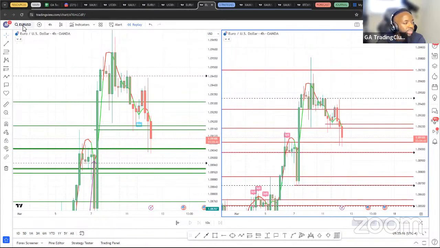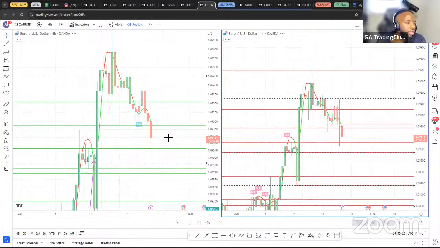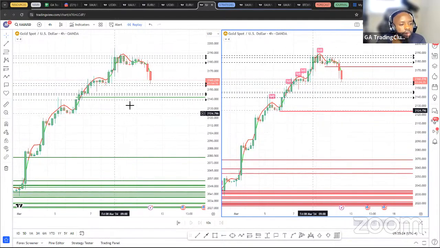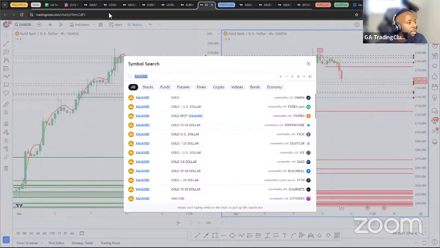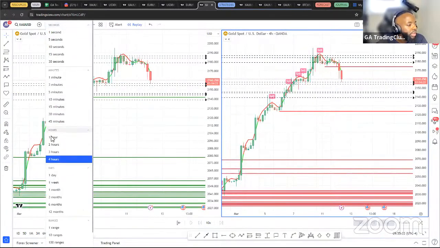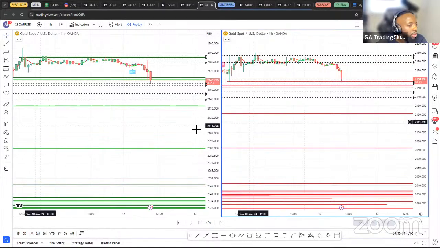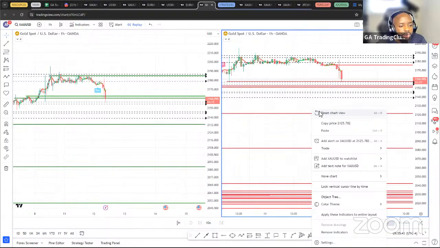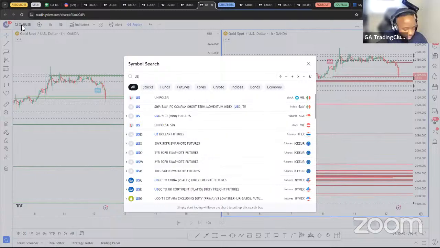No valid momentum sell there. For gold, no valid momentum buy on the 4-hour. No valid momentum sell on the 4-hour as well. When we go to the 1-hour time frame, this was an invalid momentum buy, no valid momentum sell there, so nothing to look at for US 30.